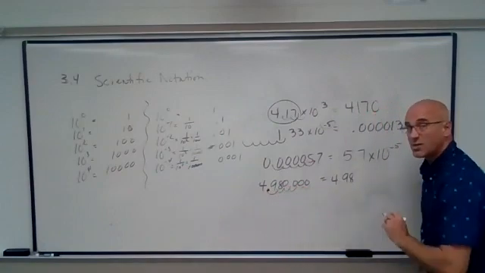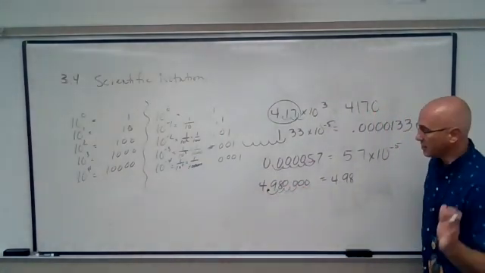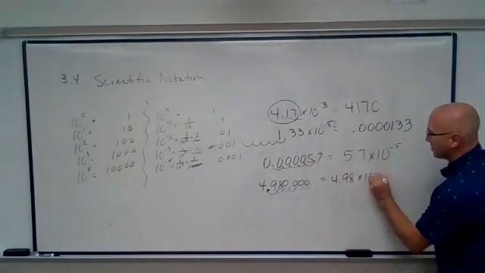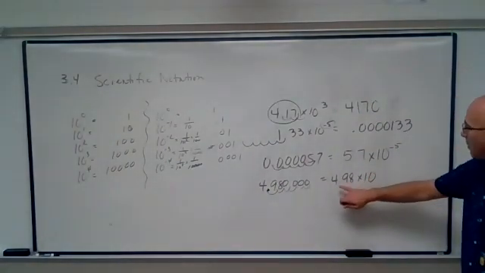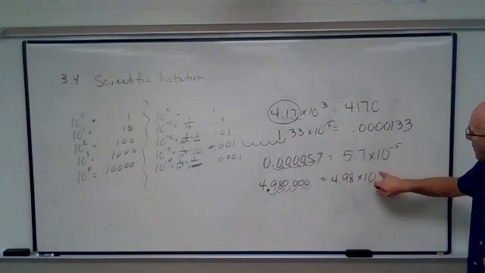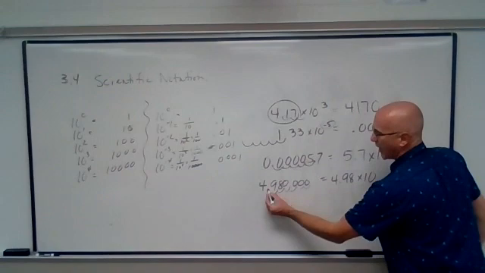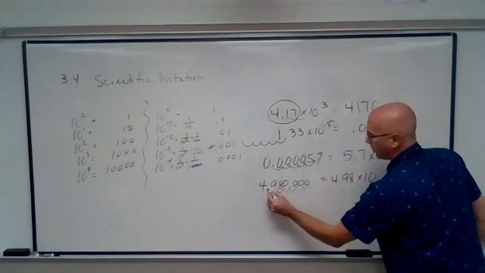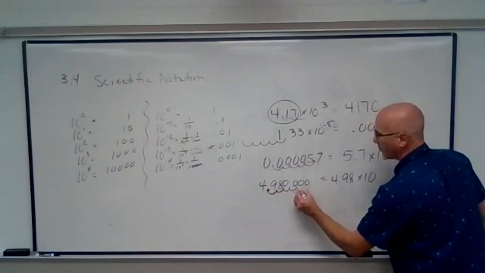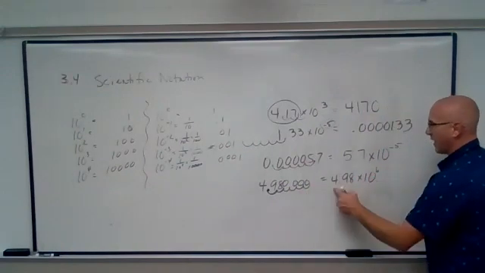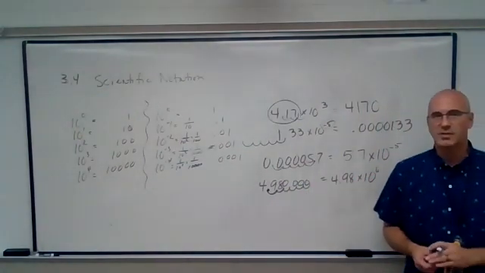Sure, we could list all those zeros if we wanted to. That just makes things confusing. So now we're going to multiply 4.98. We have to figure out what this exponent is. We're going to go to our new decimal point and count how to get back to our old. 1, 2, 3, 4, 5, 6. So that is 4.98 times 10 to the 6th.